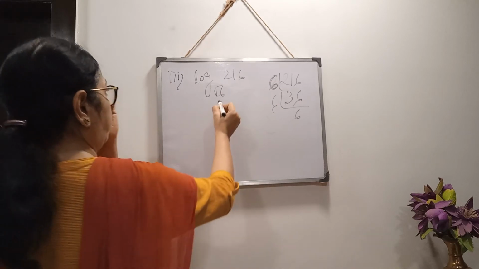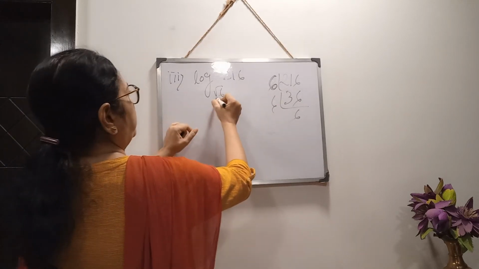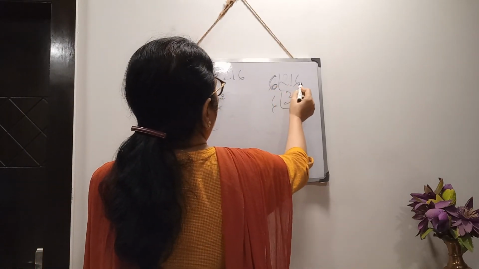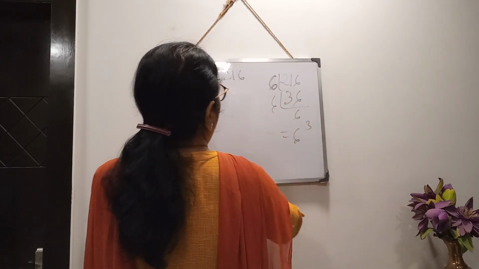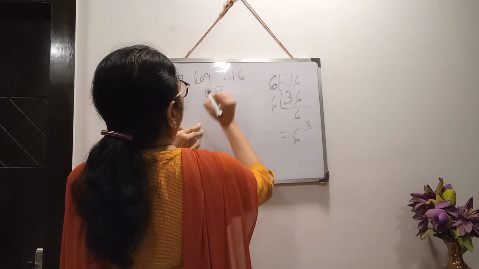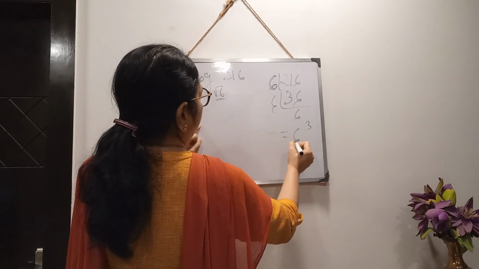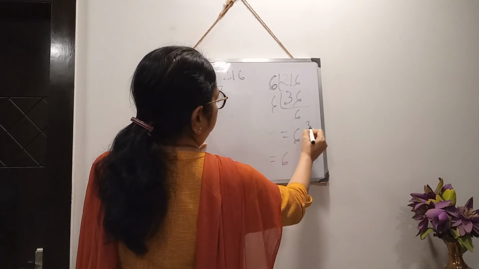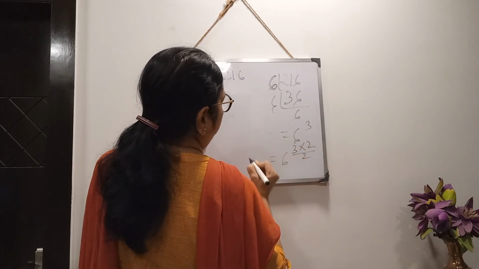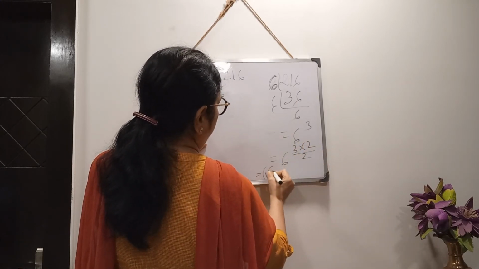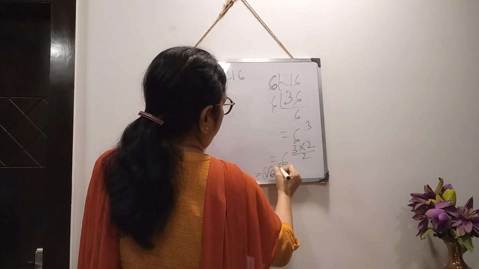I know that I have to bring a root 6, so I have directly divided by 6. 216 means 36, 6. So it is coming 6 cube. But I have to bring root over 6. Clear? So what I will do? Here I will multiply the power by 2 and at the same time divide by 2. So it is coming root over 6 to the power 6.